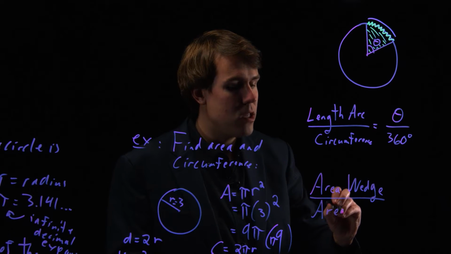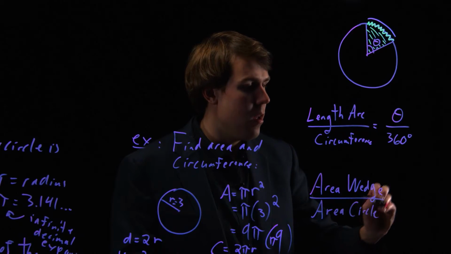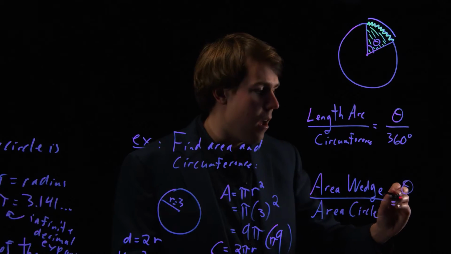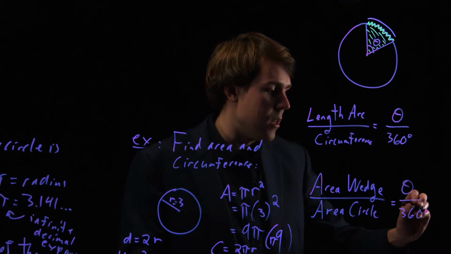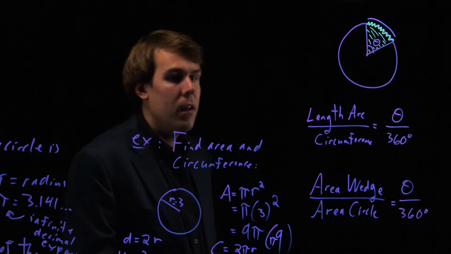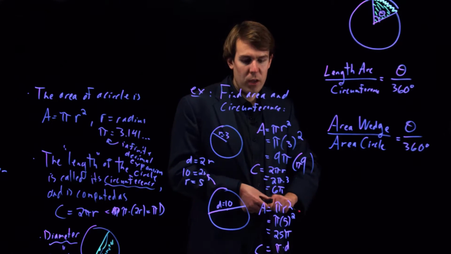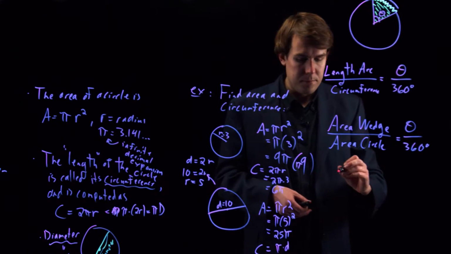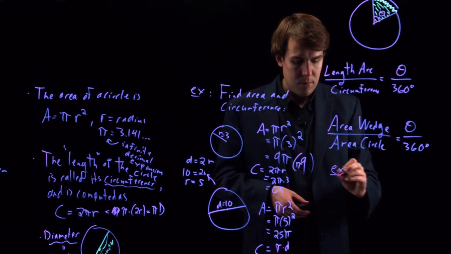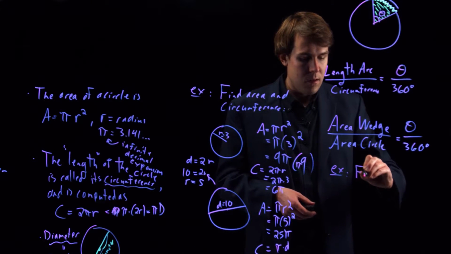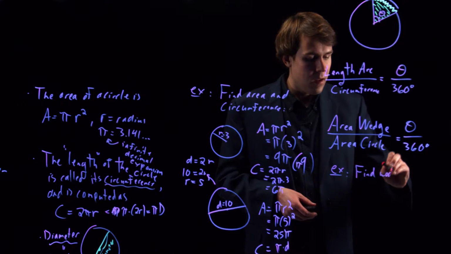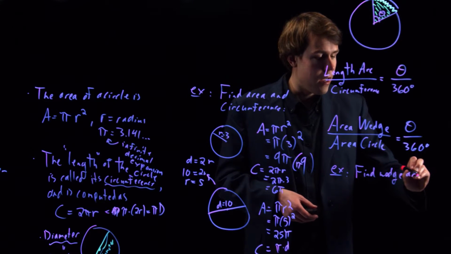The area of the wedge divided by the area of the circle is, again, equal to theta over 360 degrees. Useful tool. So let's look at an example. Let's say I want to find the wedge area here.